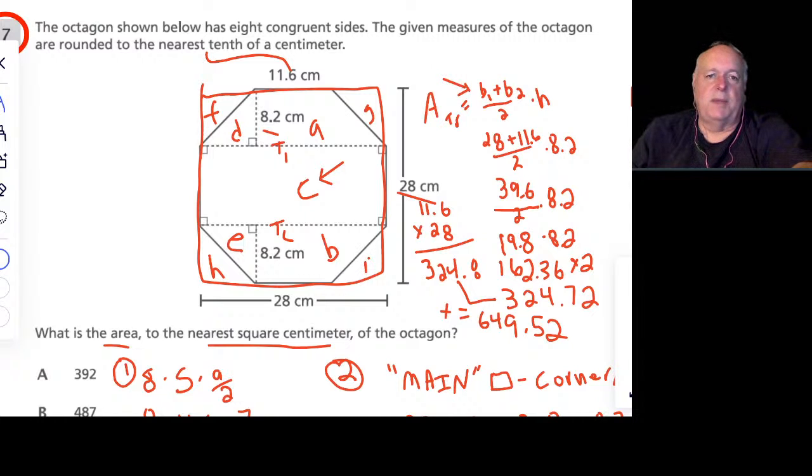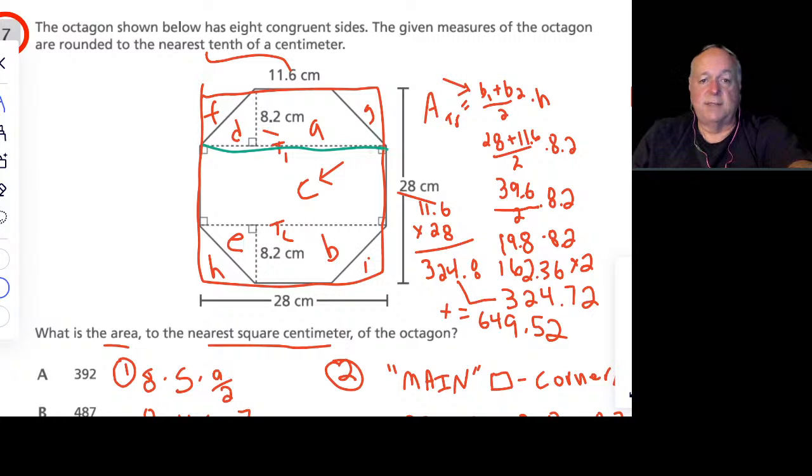So we're going to add the two bases, divide by 2, and multiply by the height. 8.2 is the height. The one base is 11.6. The other base is the long dashed line there. I'm going to write over it in a different color. In the green, that's the second base, which we know is 28.